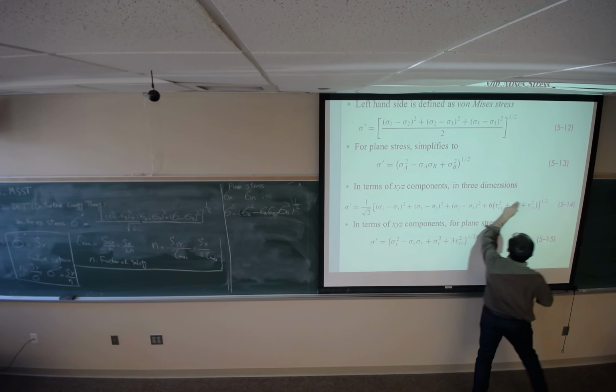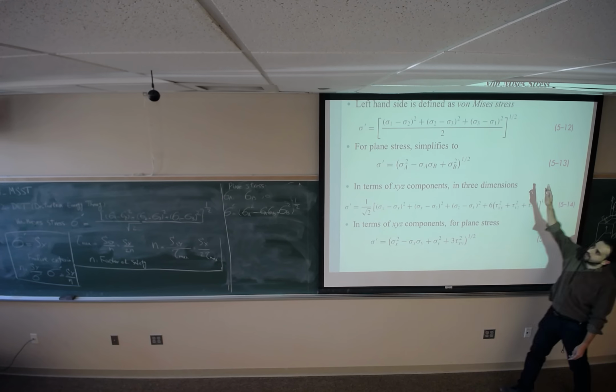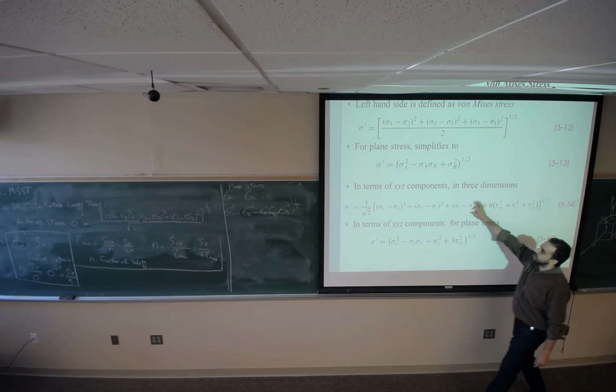Equation 5.14. If you don't want to find the principal normal stresses and you are given the general stress element, where we have sigma x, tau xy, tau xz, sigma z, sigma y, tau yz, tau yx, if we have these 6 terms, then that equation is going to change to this one.